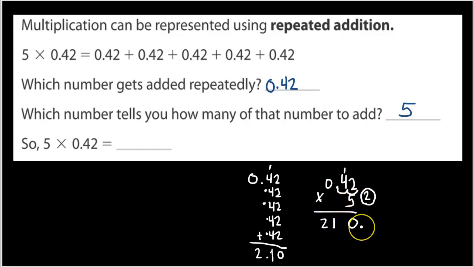And I know my decimal is here because I've got a whole number, so I've got to move it back 2 places to where it was. So my answer is 2 and 10 hundredths. But we know that 10 hundredths equals 1 tenth. So my answer is 2.1. Okay? Let's keep going.